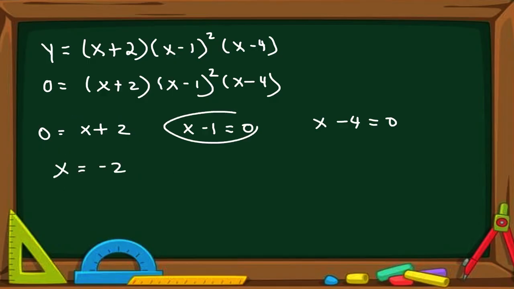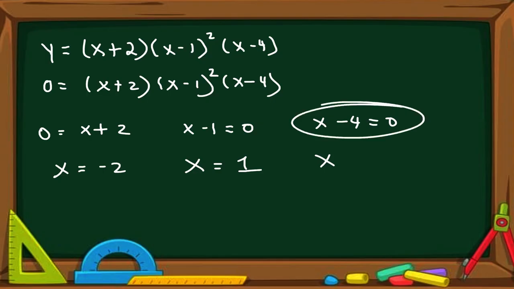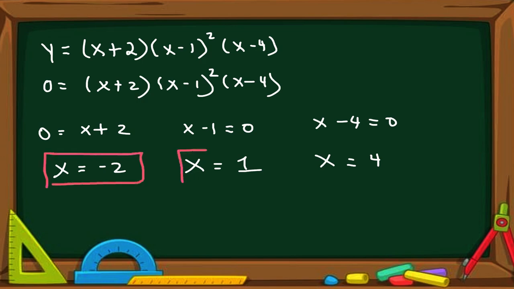For the second one, if we add 1 to both sides, we'll find that x is equal to positive 1. And here, we just need to add 4 to both sides, and then we'll get x is equal to 4. So that's how we could find the zeros, or the x-intercepts, of the polynomial function.